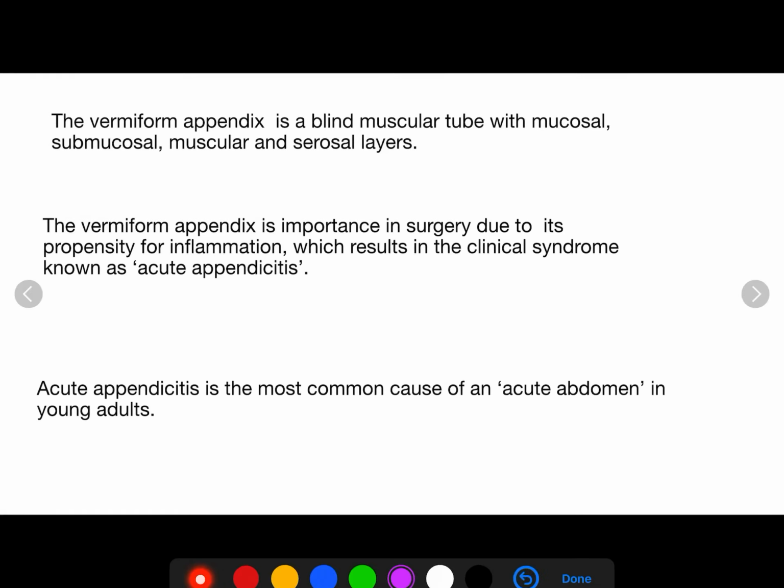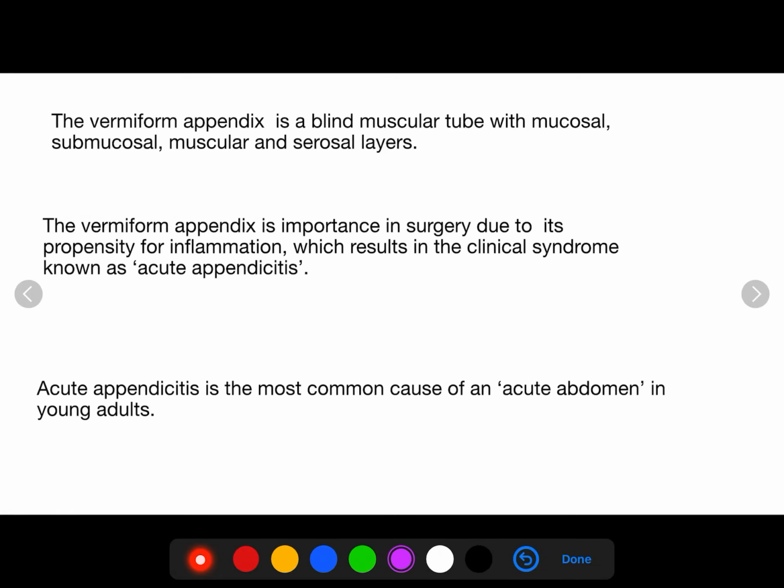The vermiform appendix is a blind muscular tube with the mucosal, submucosal, muscular, and serosal layers. The vermiform appendix is important in surgery. Why is it important?